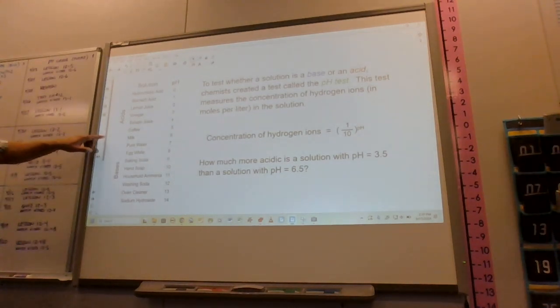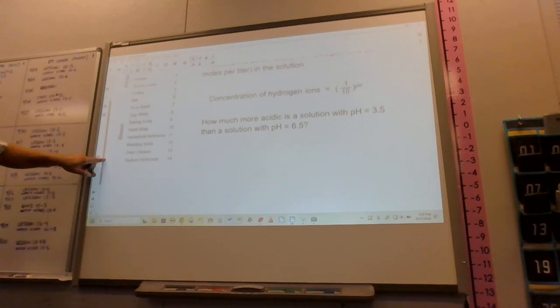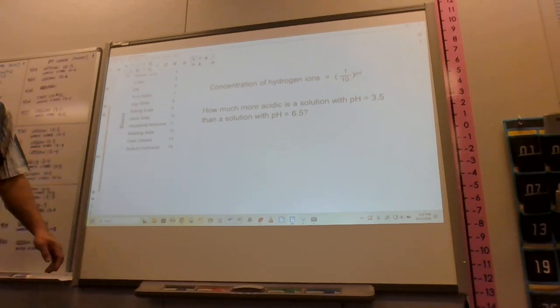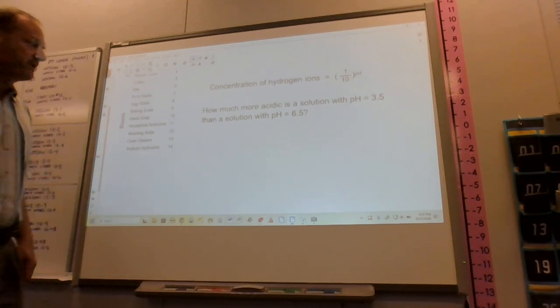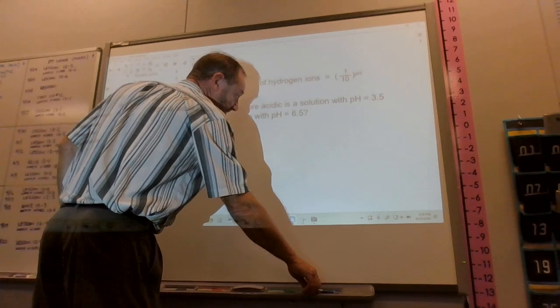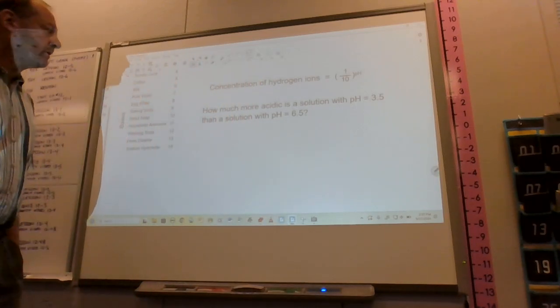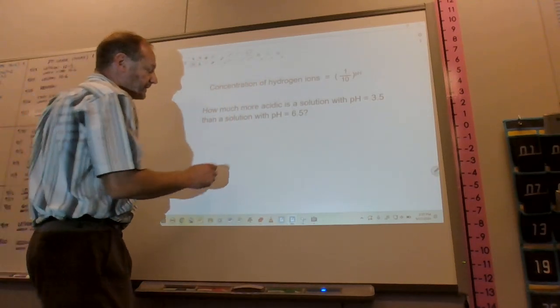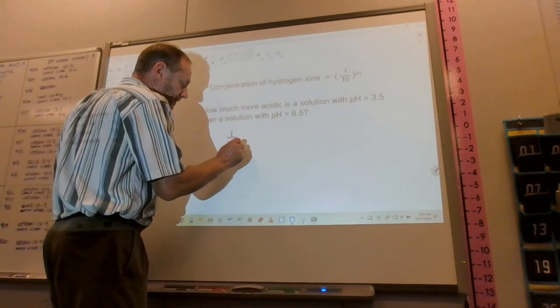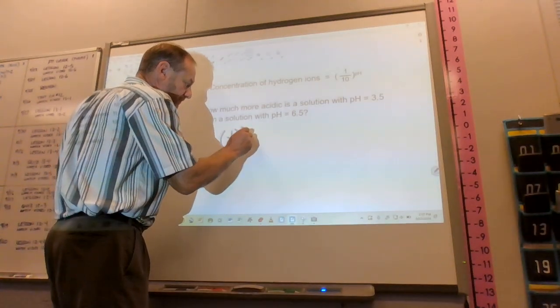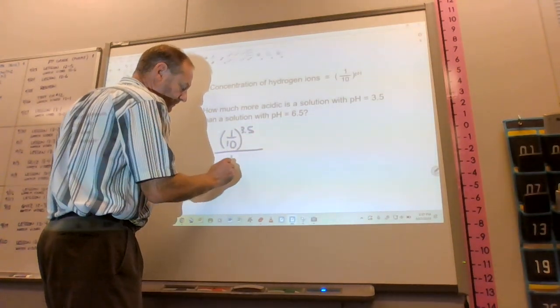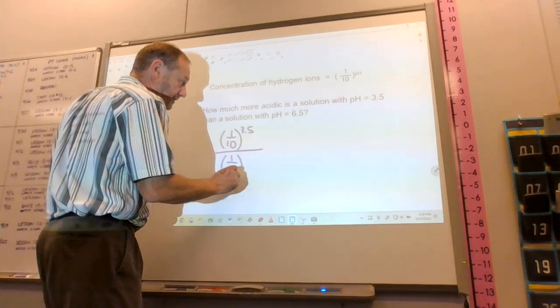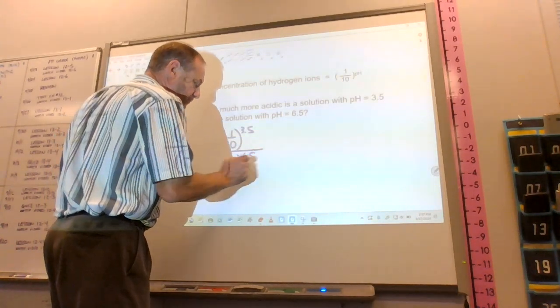Okay, so the question here is how much more acidic is a solution with a pH of 3.5 than a solution of pH of 6.5? Okay, so I'm going to go ahead and take 1/10 to the 3.5 power over 1/10 to the 6.5 power.